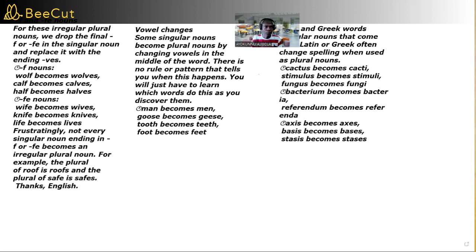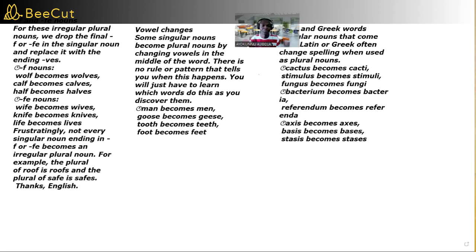Can you think of another one? Ezekiel, can you think of another noun apart from this one? You said what? Leaf. Leaf, that's a very good one. Becomes what? Leaves.